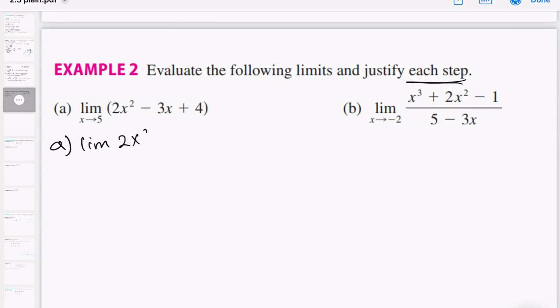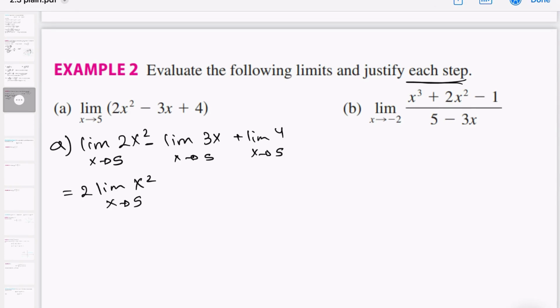So limit of 2x squared as x goes to 5 minus limit of 3x as x goes to 5 plus limit of 4 as x goes to 5. And now we can use law 3, that's multiplying by a constant, and take the constant out. It will be 2 times the limit of x squared as x goes to 5 minus 3 times the limit of x as x goes to 5 plus the limit of 4 as x goes to 5.